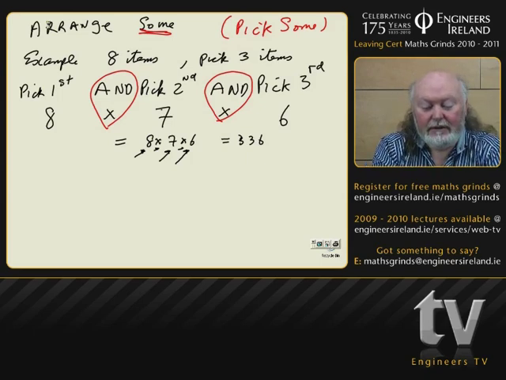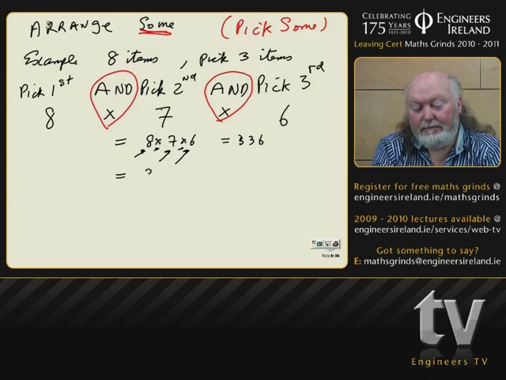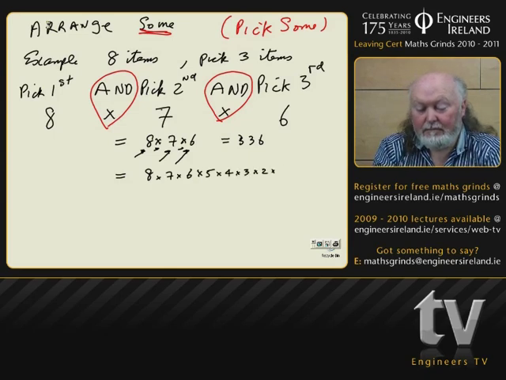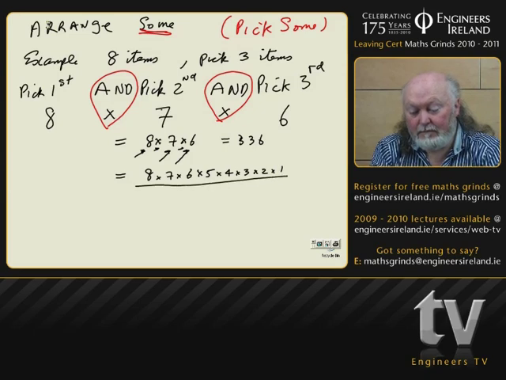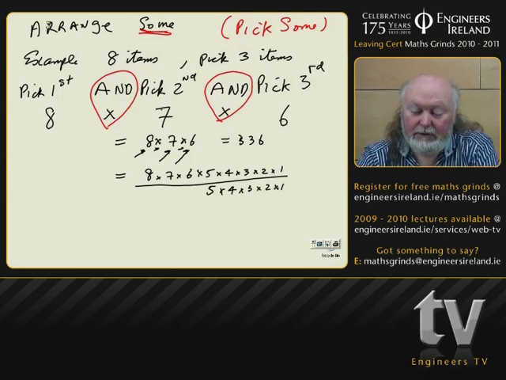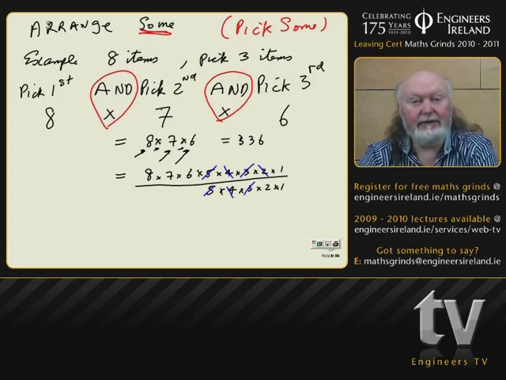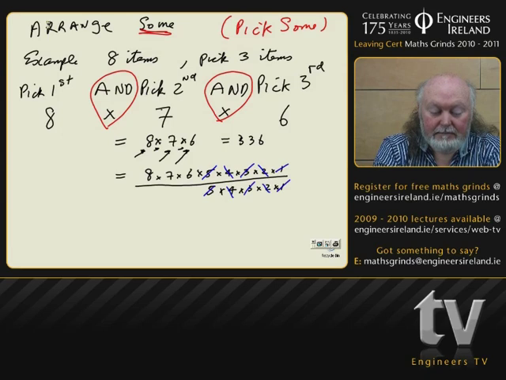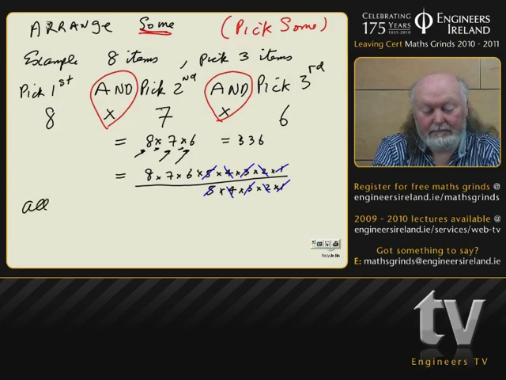Now we could have said, isn't that the same as writing this? Because we do see that these things cancel. All n is 8.